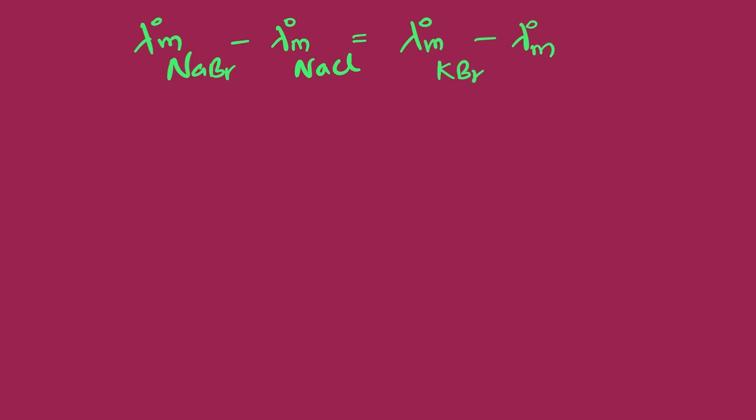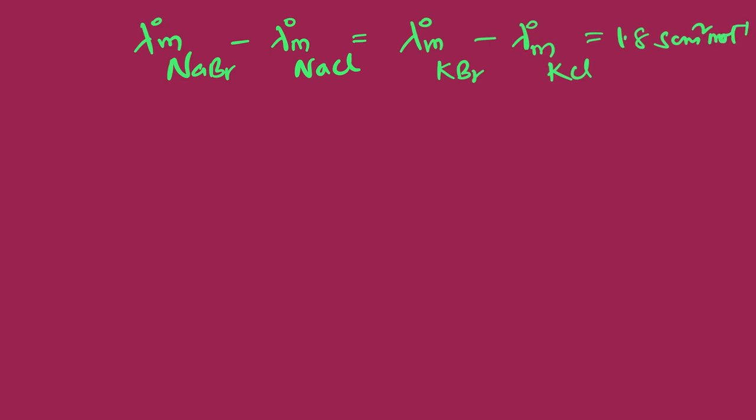Similarly, lambda naught m NaBr minus lambda naught m NaCl is equal to lambda naught m KBr minus lambda naught m KCl, which is 1.8 Siemens centimeter square mole inverse.